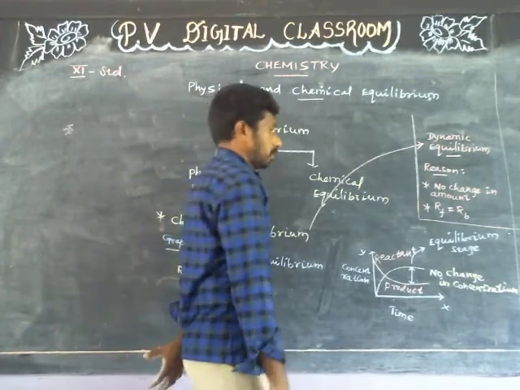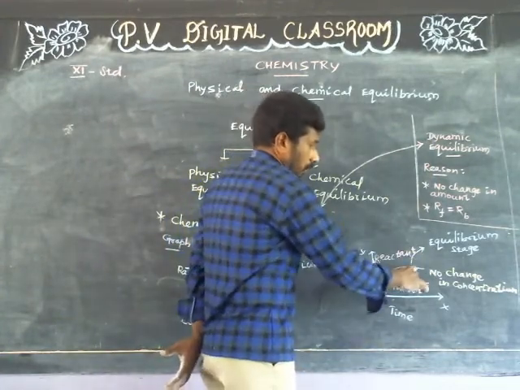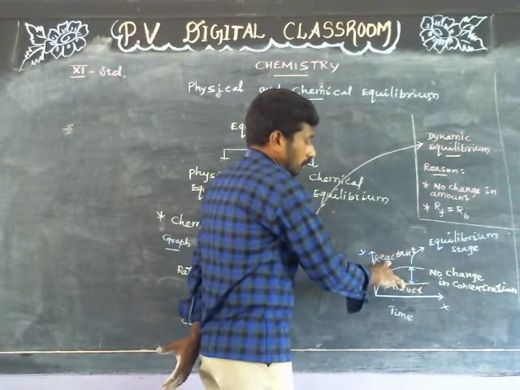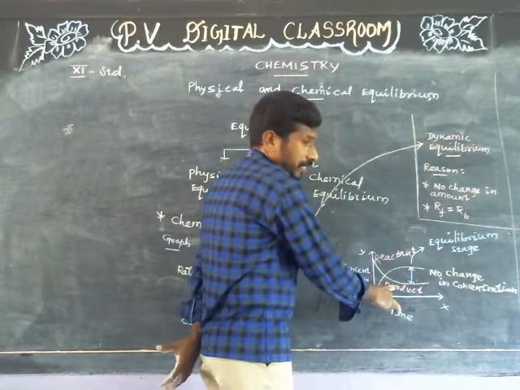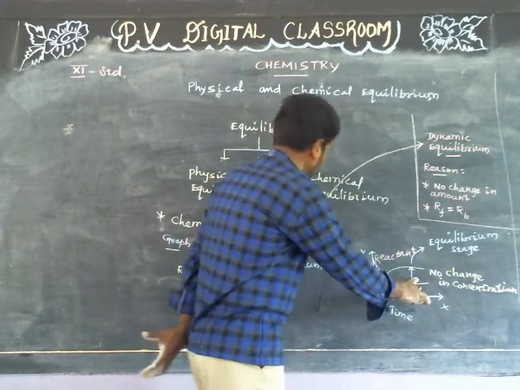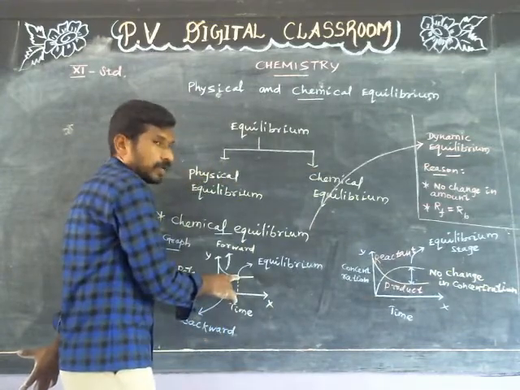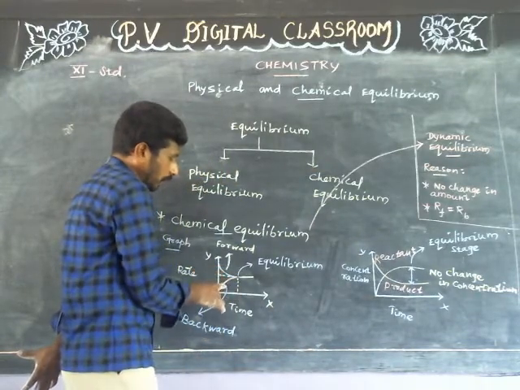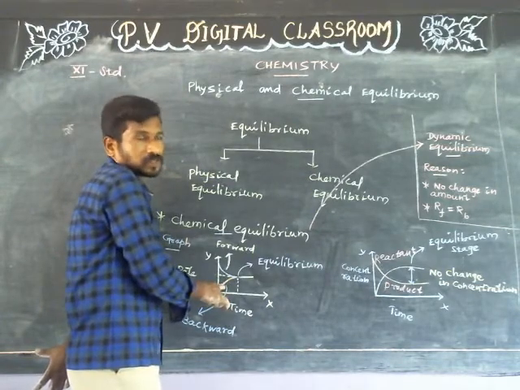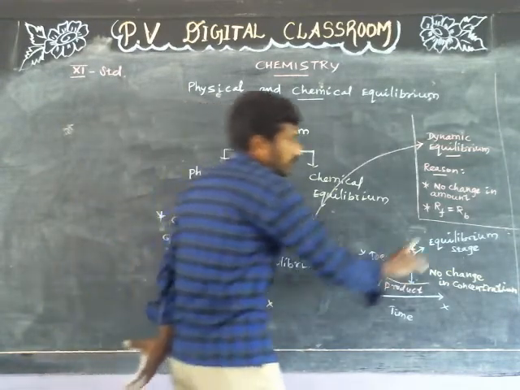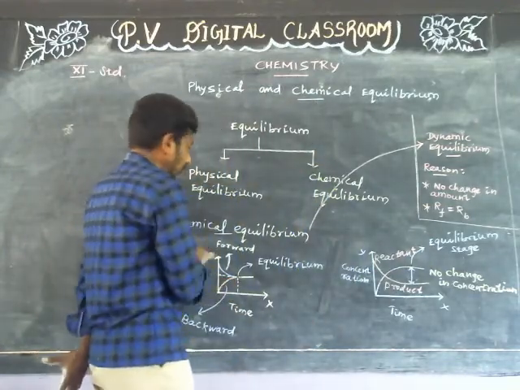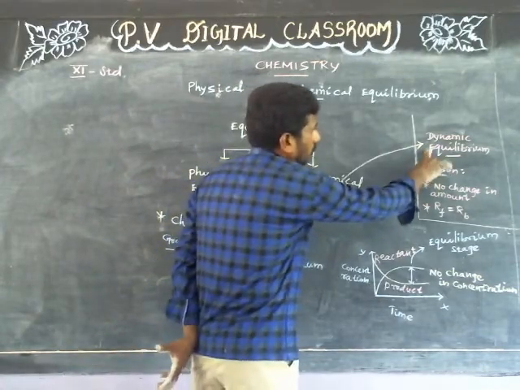Reason: at equilibrium, reactant and product molecules are present in definite amount, and both the forward and backward reactions take place simultaneously, endlessly at the same rate. Due to this, chemical equilibrium is also called dynamic equilibrium.